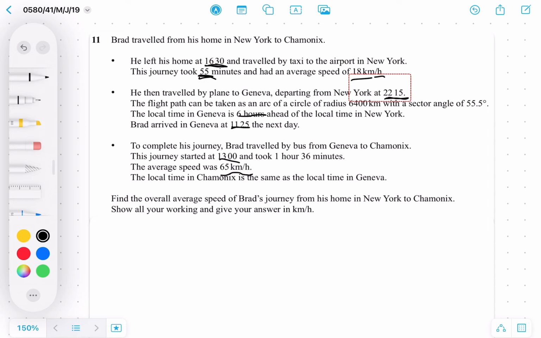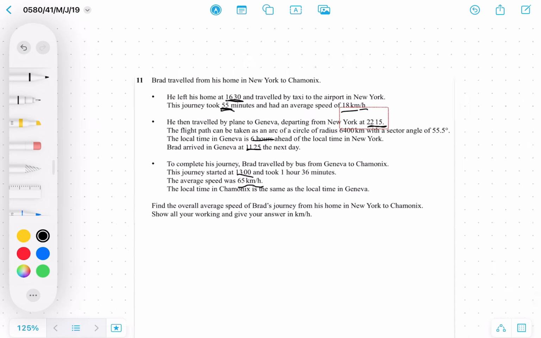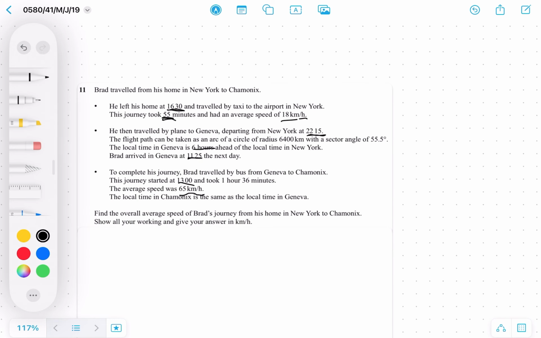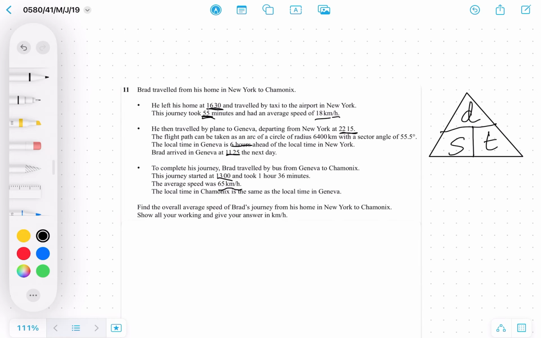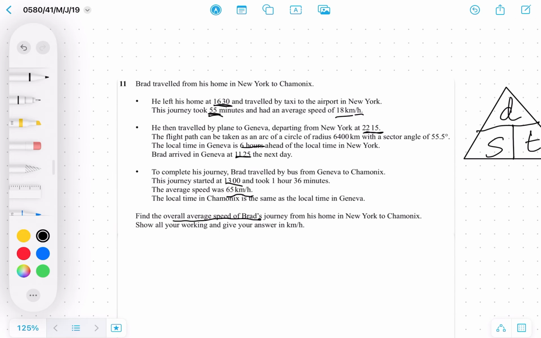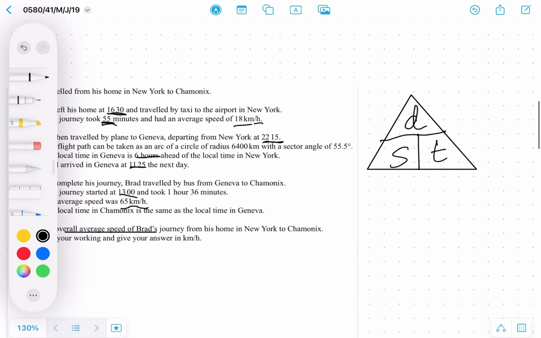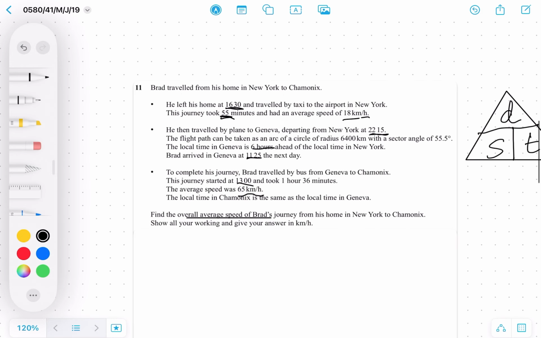So we should be thinking of speed, distance, time. Immediately before starting, remind yourself of the speed, distance, time triangle, because this question, find the overall average speed, will need assistance from this triangle. So now let's begin to read.